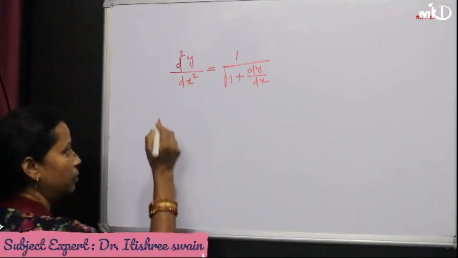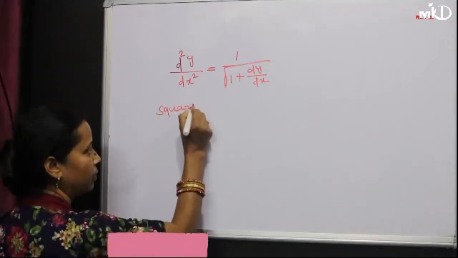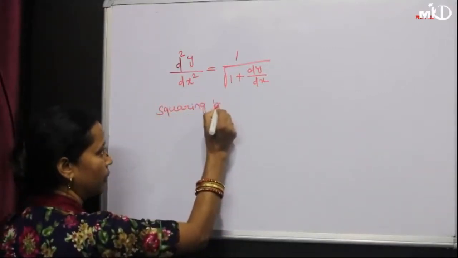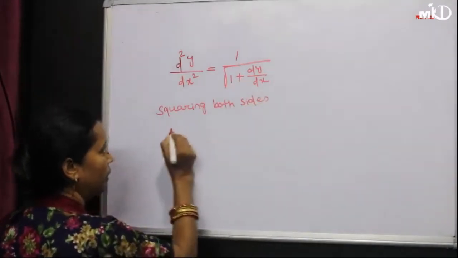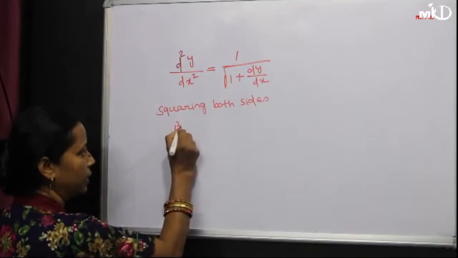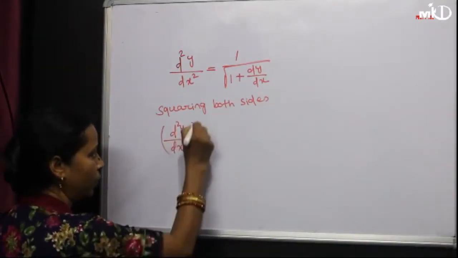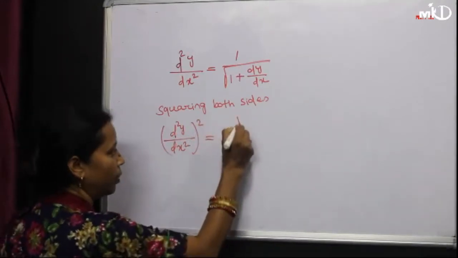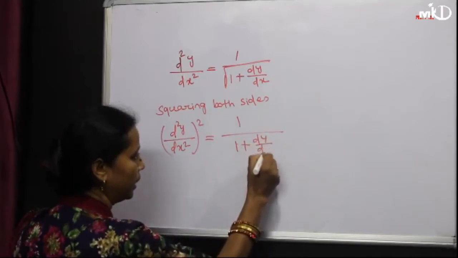So first we square both sides. Then we get d square y by dx square is equal to 1 by 1 plus dy by dx.